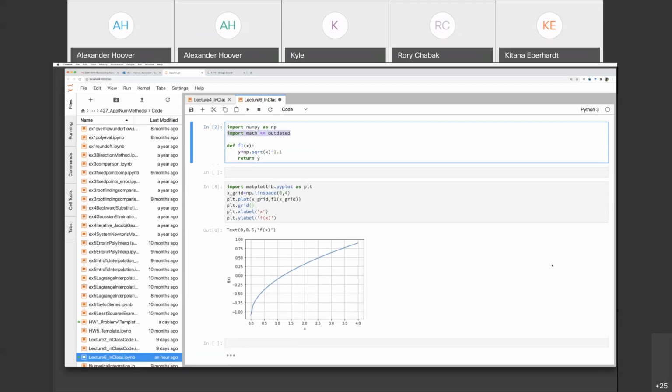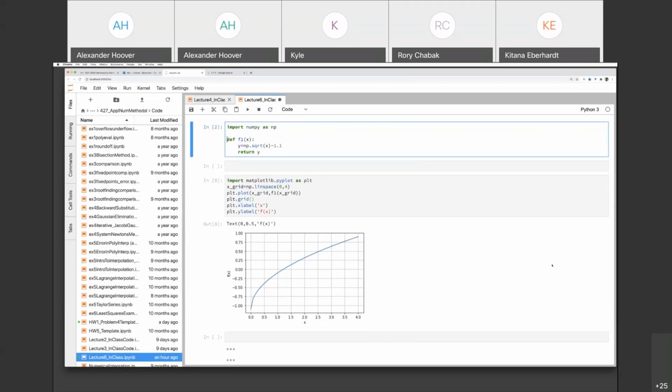There will be errors and will make your life more difficult if you keep using math throughout this course. So I'm just going to say it once, but let's just use NumPy and make sure that we're all on the same page. Okay? There's nothing special about math. Math was created way before NumPy.